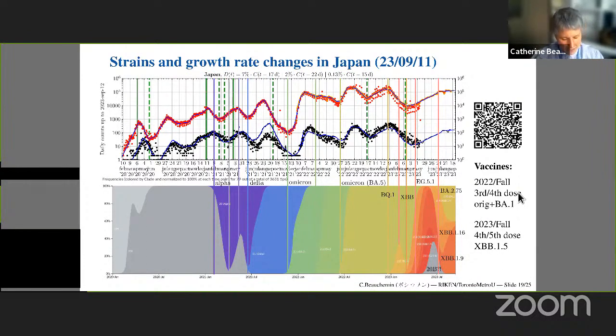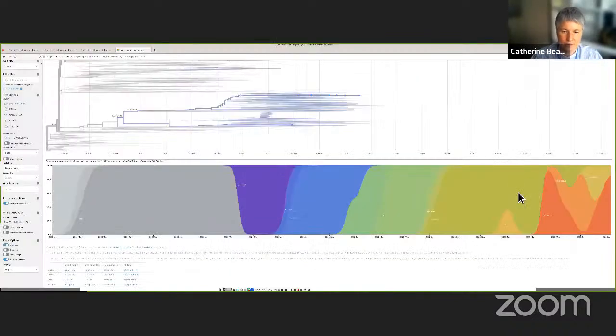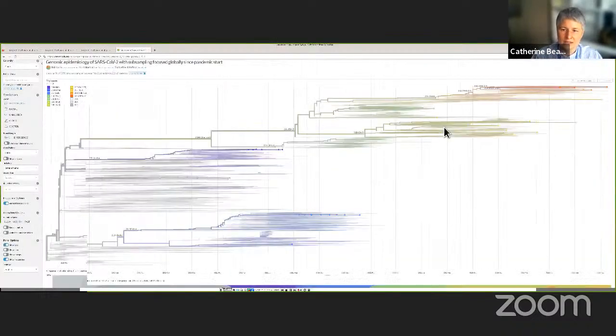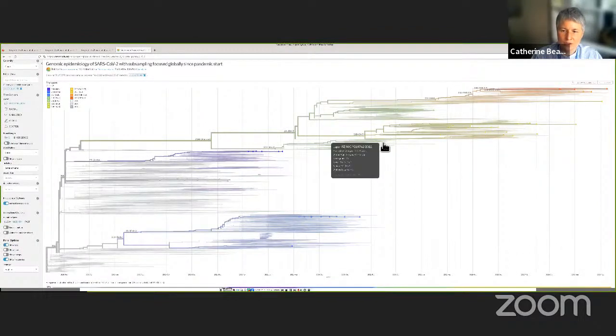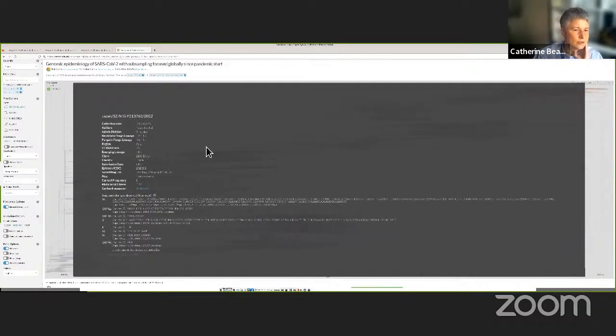NCBI has a database where people can file every time they find a strain. I can show you from the website what you can see. I'm not sure how well it shows on your screen, but if you click on a strain, it will tell you who the authors of that sequencing are.